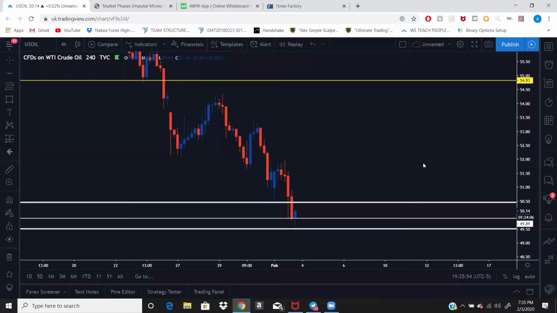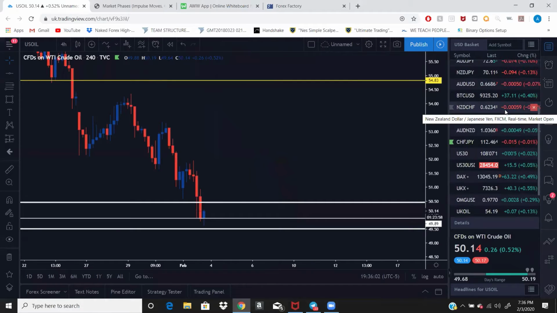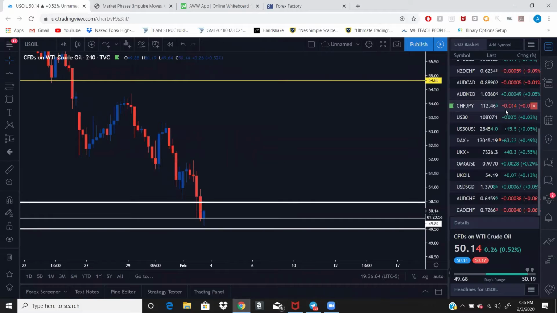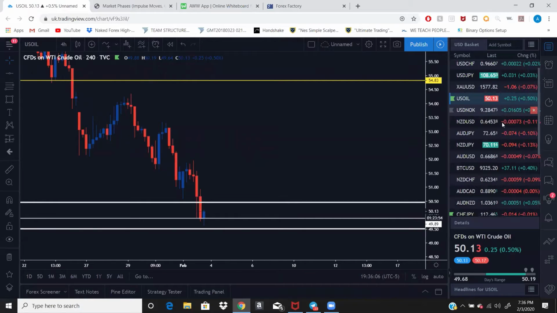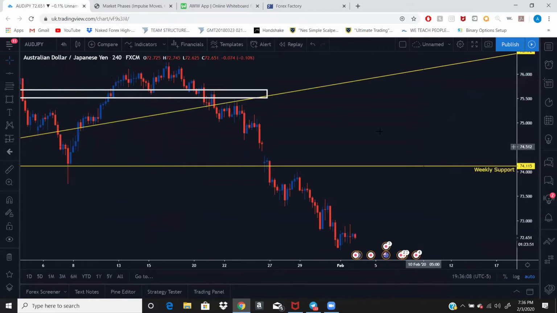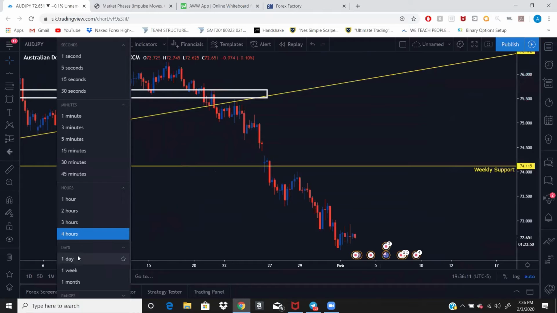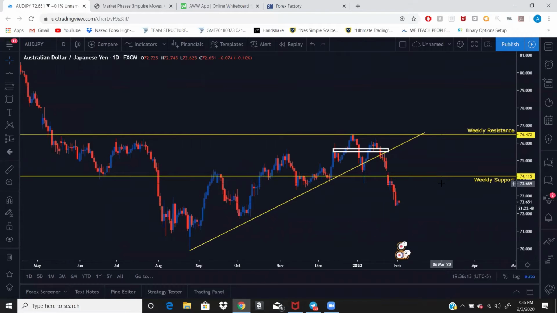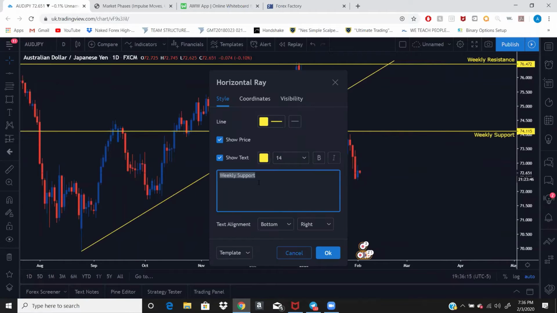What is next? AUD JPY. Frederick requested AUD JPY. Do I have it here? Yep, right there. Alright, I haven't updated this chart, so I'm glad you asked. Alright, so this is weekly resistance.